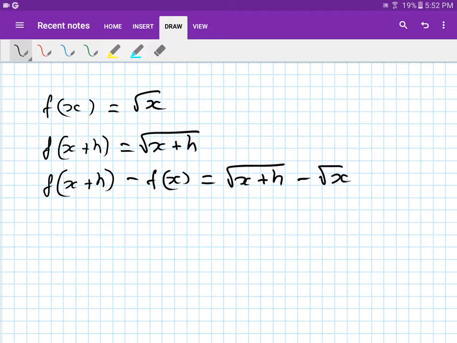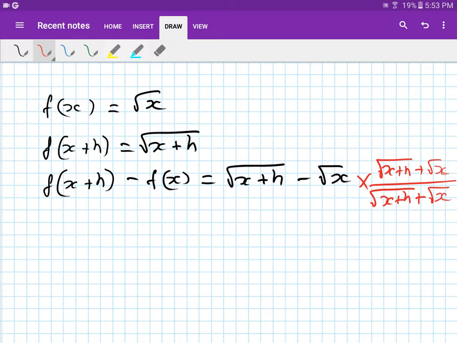Now, what I do next is, because I want to get rid of the square roots, I multiply by the conjugate, and then divide. So if I multiply by square root of x plus h plus root x, I must divide it by square root of x plus h plus square root of x as well.